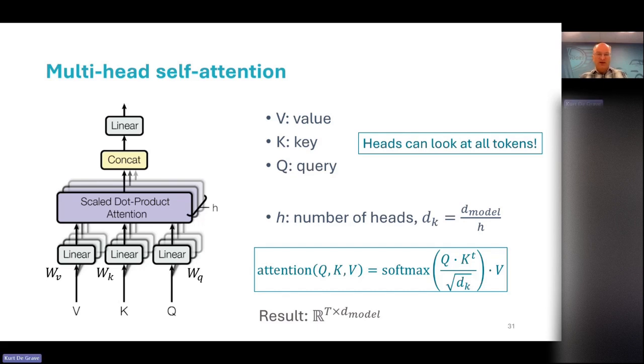That works the same, but on another part of the encoding. So the heads can look at all tokens, but what they use from previous tokens is the key part. Sorry.